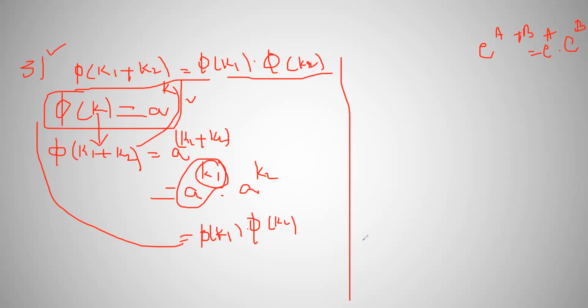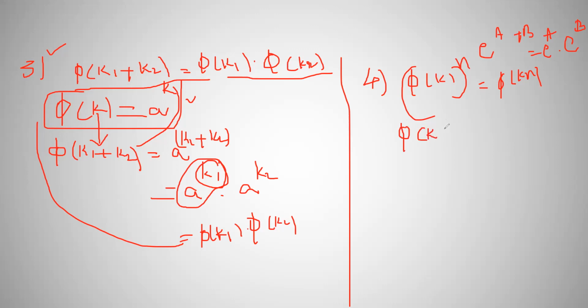And the fourth property is phi of k whole power n is equal to phi of kn. What is the state transition matrix?